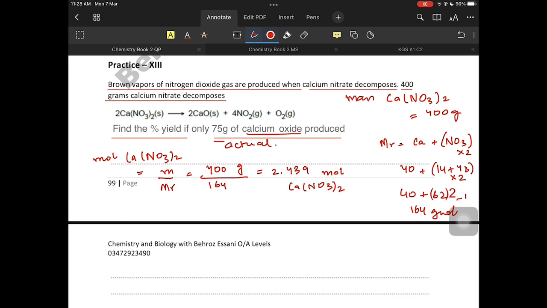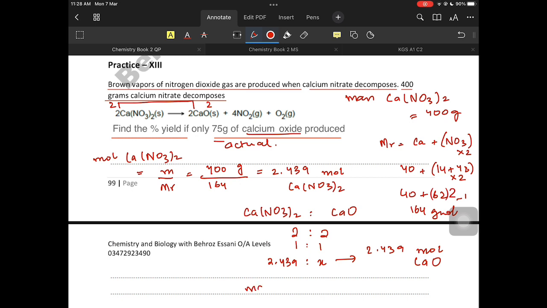Now the ratio between calcium nitrate and calcium oxide has to be found, because these are the reactant and the product. So it's a ratio of 2:2, which is obviously going to reduce to 1:1. So calcium nitrate to calcium oxide is a 2:2 ratio, which becomes 1:1. So 2.439 moles could give us exactly 2.439 moles. Now this is the moles, right? We needed the mass.